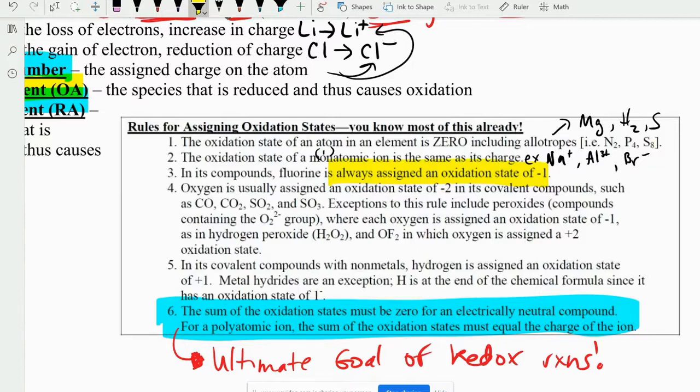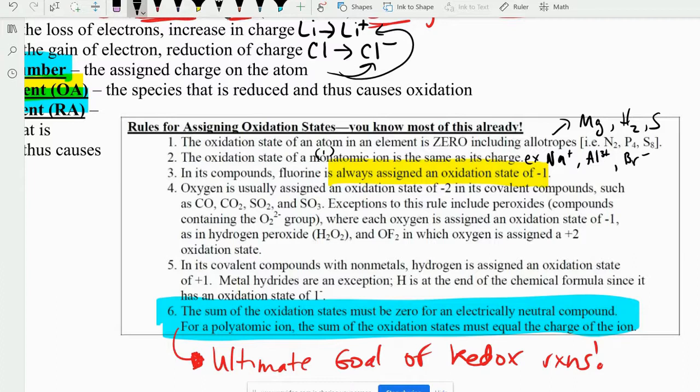Oxygen is unique here. You just need to remember that almost always, oxygen is going to form a -2. Look at what column it's in. It's in the column where those elements form a -2. So the oxidation state of oxygen is almost always going to be -2 when oxygen is in a covalent compound. Here are a couple of examples.